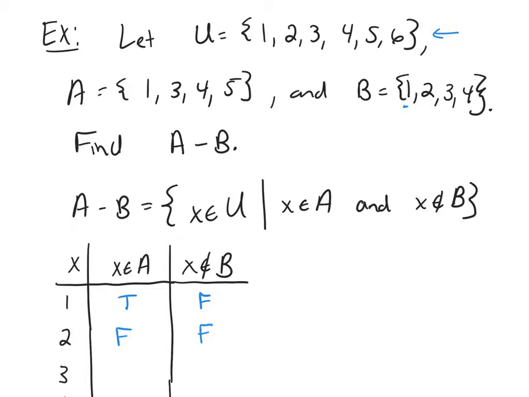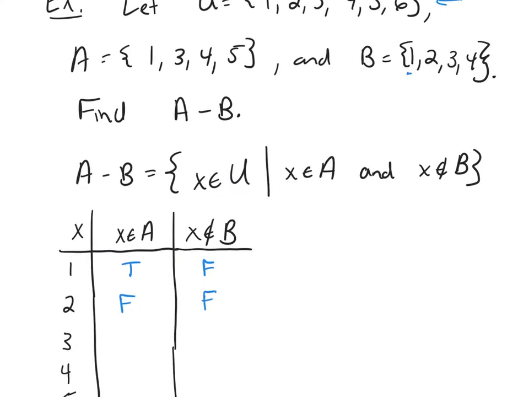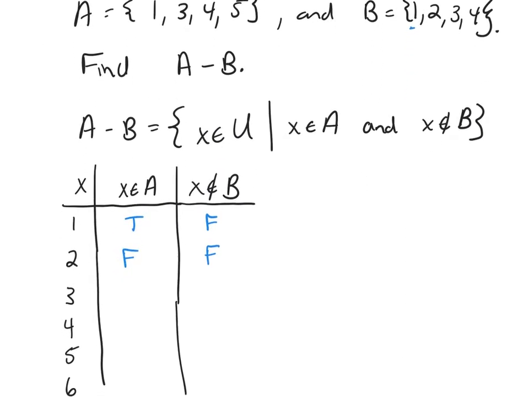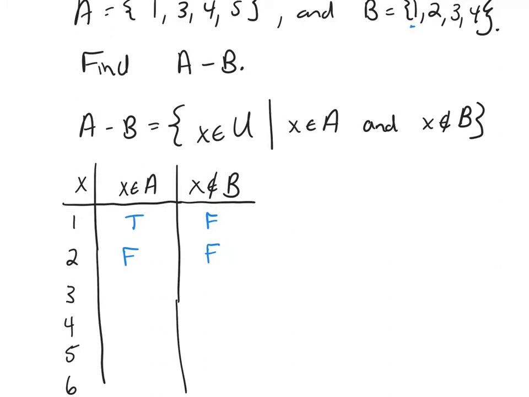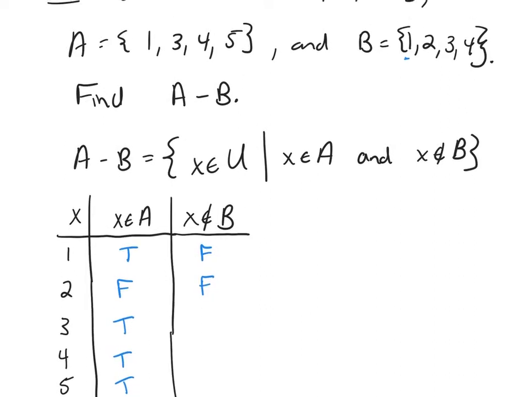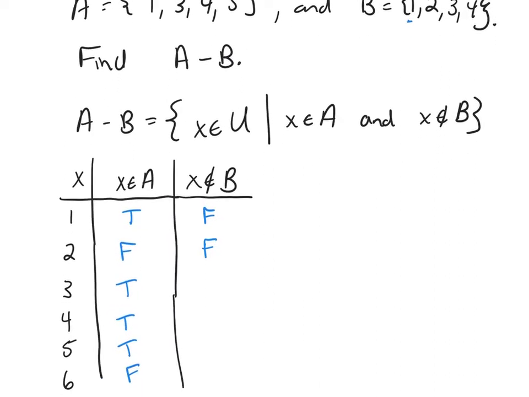And then you're going to fill in the rest of this table, so I'm just going to fill it in. 3 was in A, 4 was in A, 5 was in A, but 6 was not. 3 was in B, so this is false. 4 was in B, but 5 was not in B, and 6 was not in B.